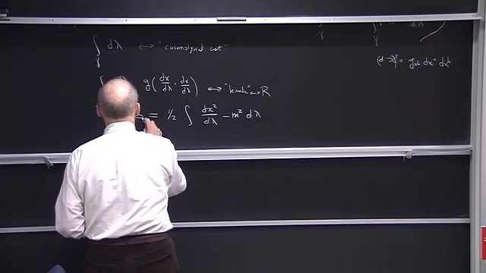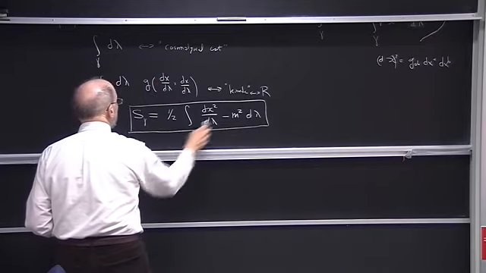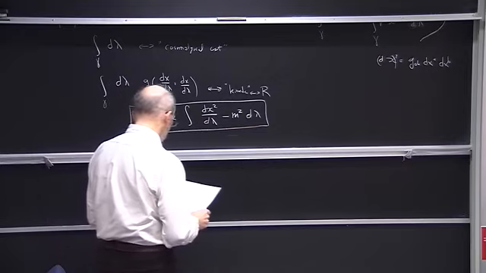So this is the action for the world line. m, of course, is the mass of the particle. And that's it.